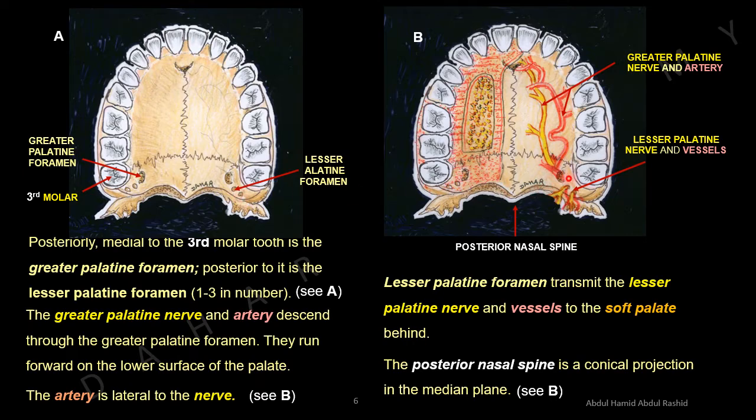Through the greater palatine foramen, the greater palatine nerve and artery come down. They run forward. The artery is lateral to the nerve. Through the lesser palatine foramen, the lesser palatine nerve and vessels come out and supply the soft palate. This is the posterior nasal spine projecting from the posterior border of the hard palate along the midline.